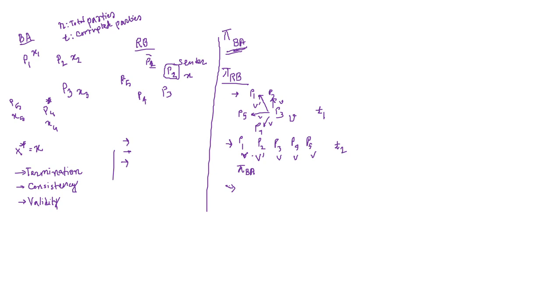So overall our pi RB protocol using pi BA will require T1 plus T2 amount of time, which is again finite, so termination is satisfied. And consistency is also satisfied because, as I said, by the consistency of pi BA protocol, at the end of the second step all the honest parties will have the same output. So yes, consistency of RB protocol is satisfied by the consistency of the underlying BA protocol.